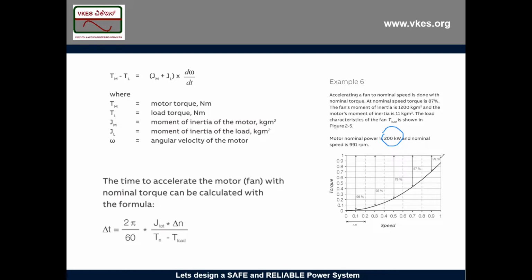and the fan moment of inertia, please write down, which is Jm. Okay, Jm is 1200 kg meter square, and the load, sorry, the fan is Jl. Okay, fan is Jl 1200. Motor is Jm, that is 11 kg meter square.